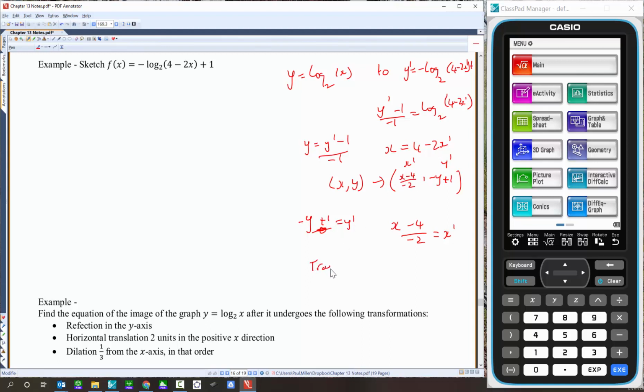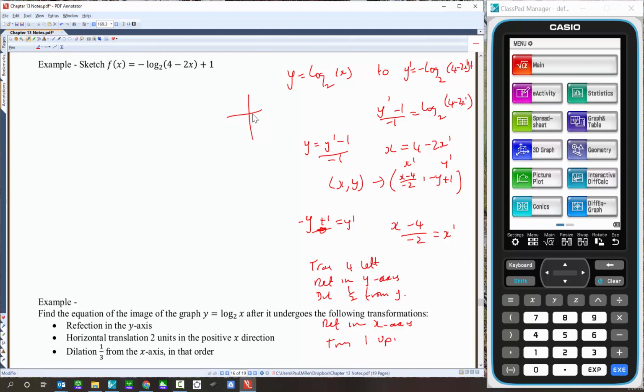It's translated 4 left, reflected in the y-axis, and it is a dilation of 1/2 from the y-axis. What next? Let's look at y. It's reflected in the x-axis, and it's translated 1 up.